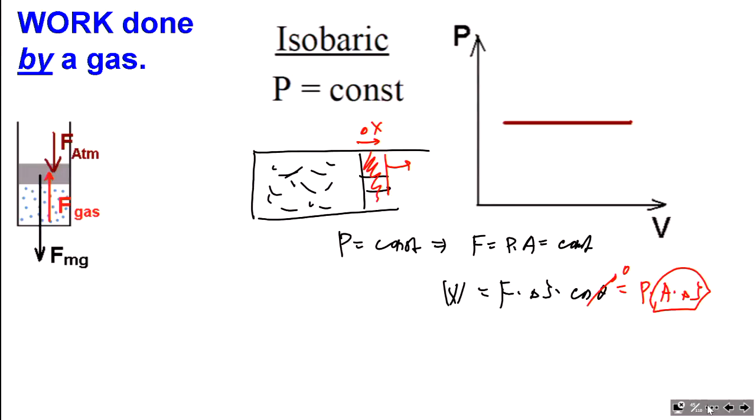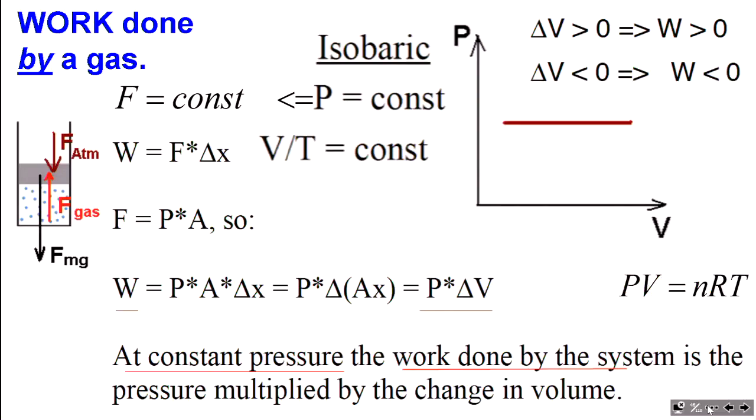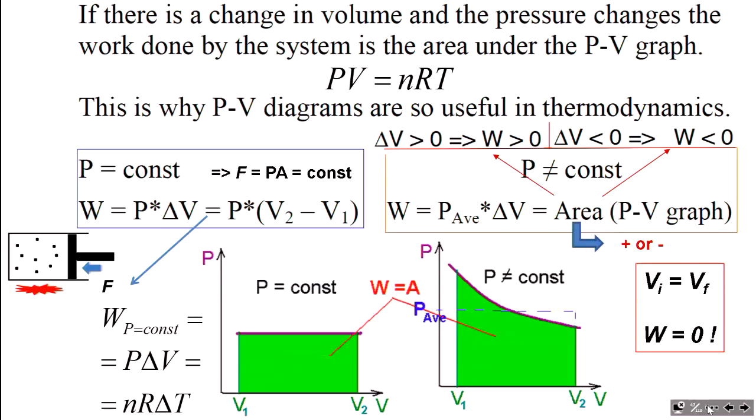That's it. So the work will be equal to pressure times change in the volume if pressure remains constant. What if it's not? Well, we are not scared. We know what to do. In that case, we use the graphical approach, graphs.